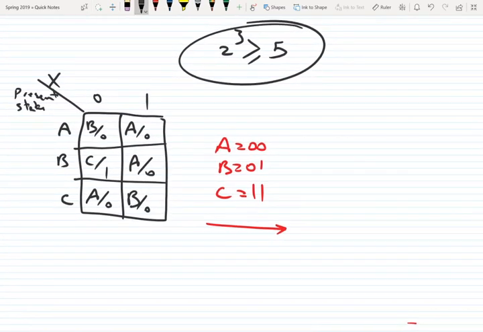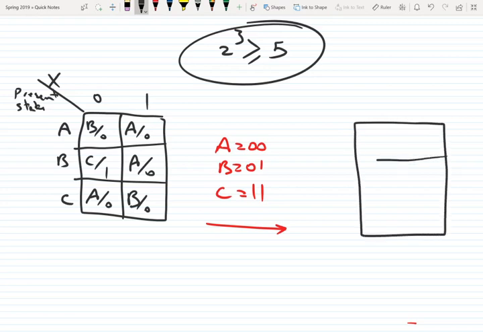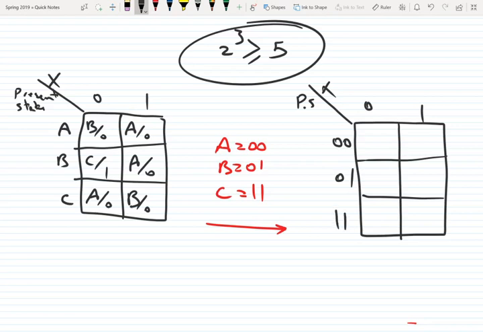And now we rewrite the table. X is 0, 1, present state. Instead of A, we say 0 0. Instead of B, we say 0 1. Instead of C, we say 1 0.